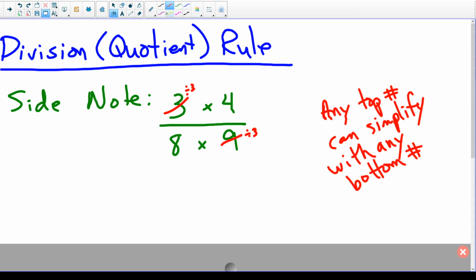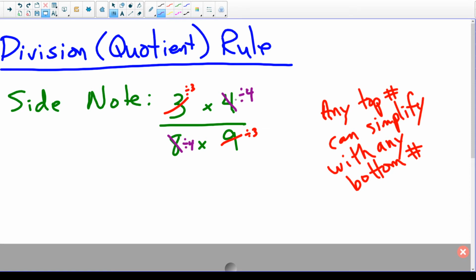And you can simplify both of these by dividing by 4. If you do that, it makes your simplification a lot quicker because you don't have to multiply 3 times 4, 8 times 9, and then try to find a lowest common factor to divide by.